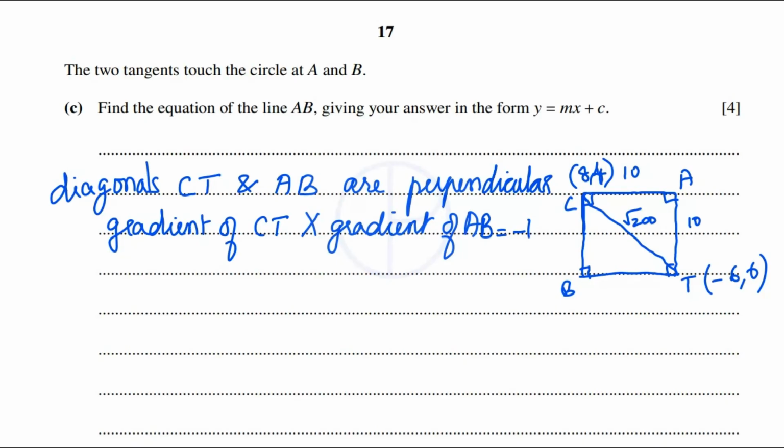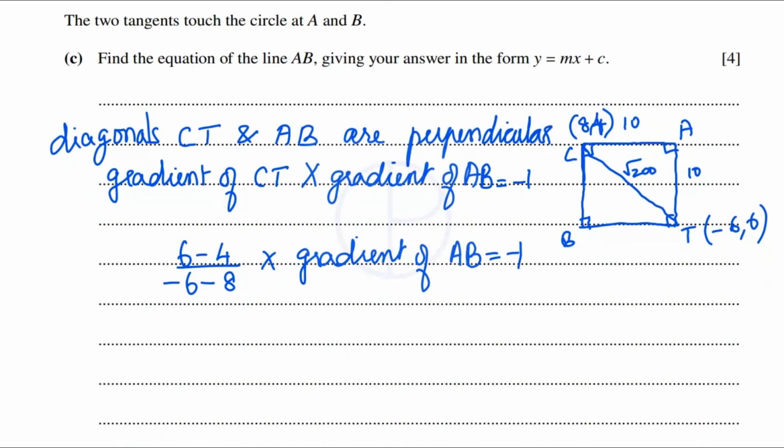So the gradient of CT is (y2 minus y1) over (x2 minus x1): (6 minus 4) divided by (-6 minus 8), multiplied by the gradient of AB, equal to -1.